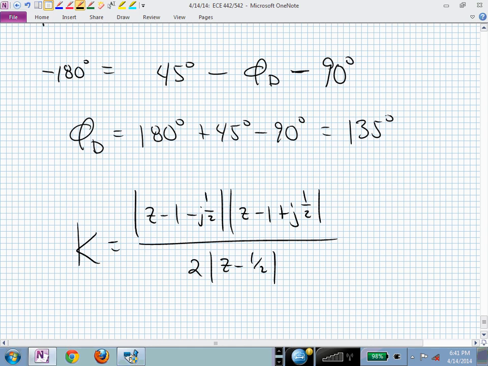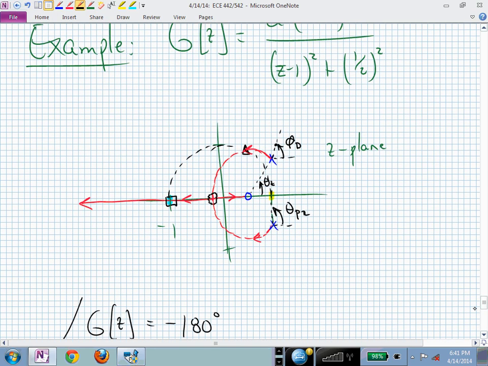That's our gain formula. But the cloud is where we would re-enter. That's our re-entry point, and we could find the gain to get us to that point.